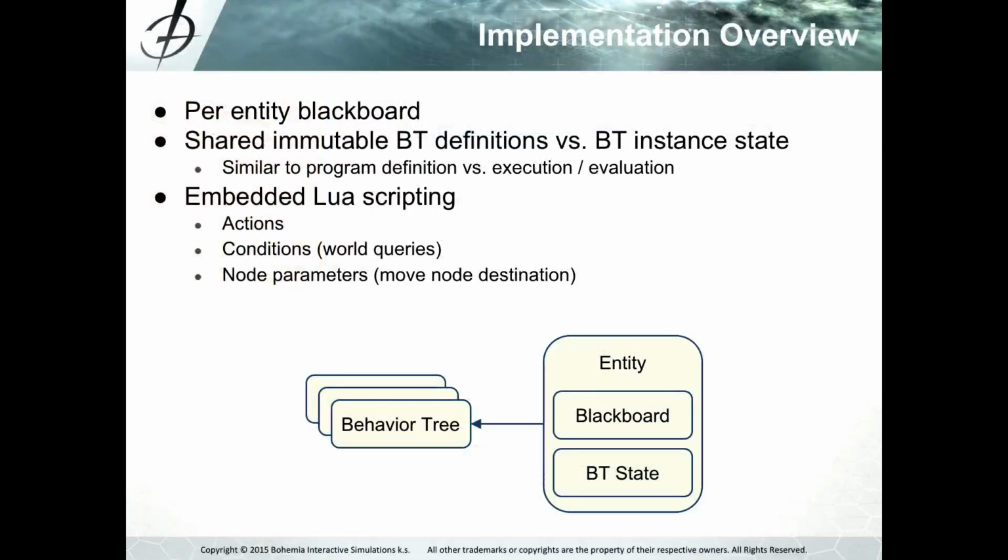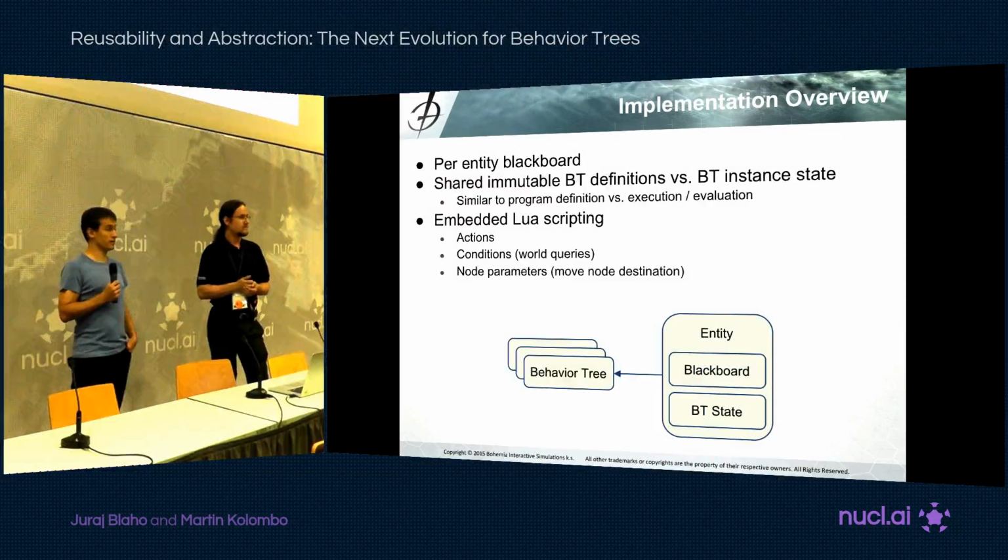This allows us to share one tree between multiple entities, and each entity only contains a state of evaluation for the tree. For example, which nodes are currently running, like which node is currently selected in a sequence.